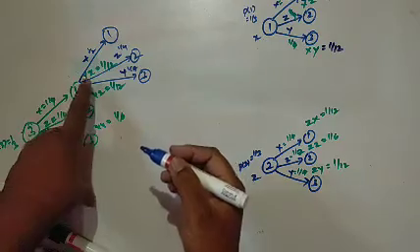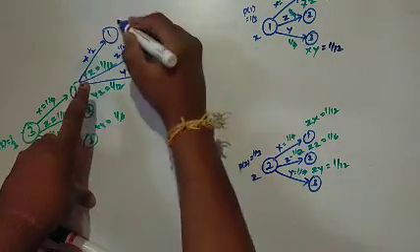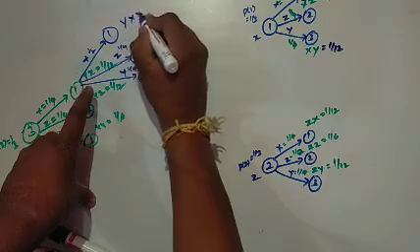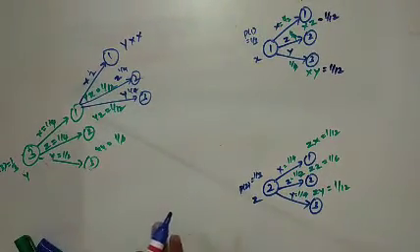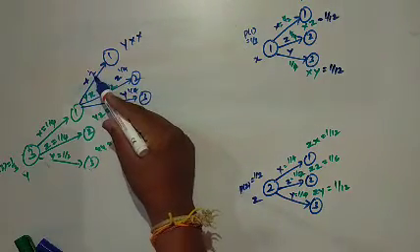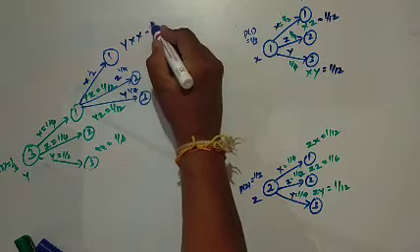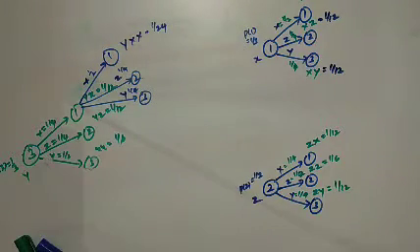See, till now it was yx. Yx into this will give yxx. The third extension is yxx. Up to here it was 1 by 12. 1 by 12 into 1 by 2, that is equal to 1 by 24.